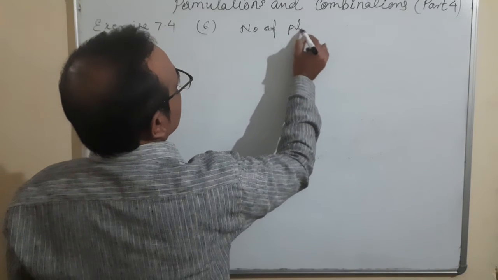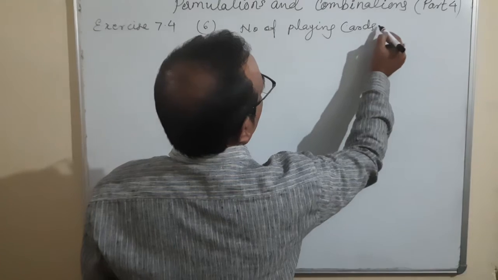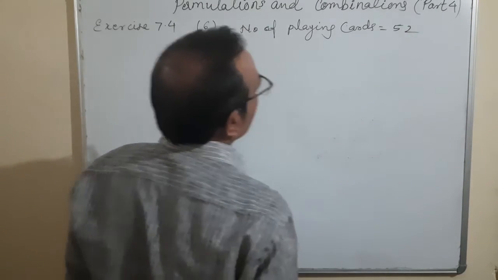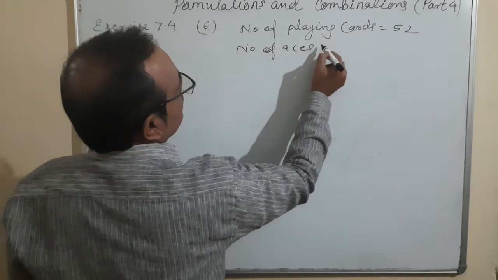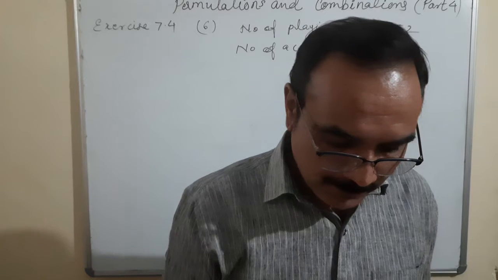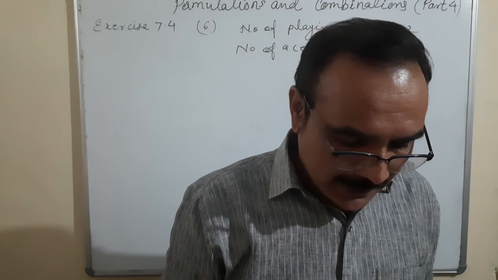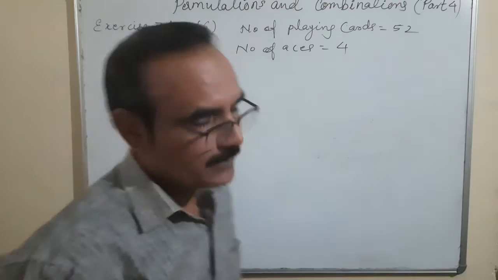Number of playing cards is equal to 52. Number of aces is equal to 4. Question is, if there is exactly one ace in each combination, determine the number of 5 cards combination.